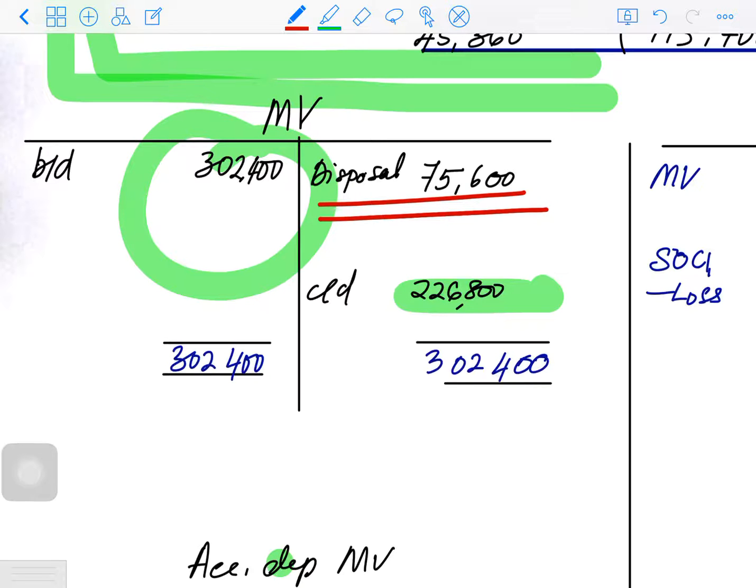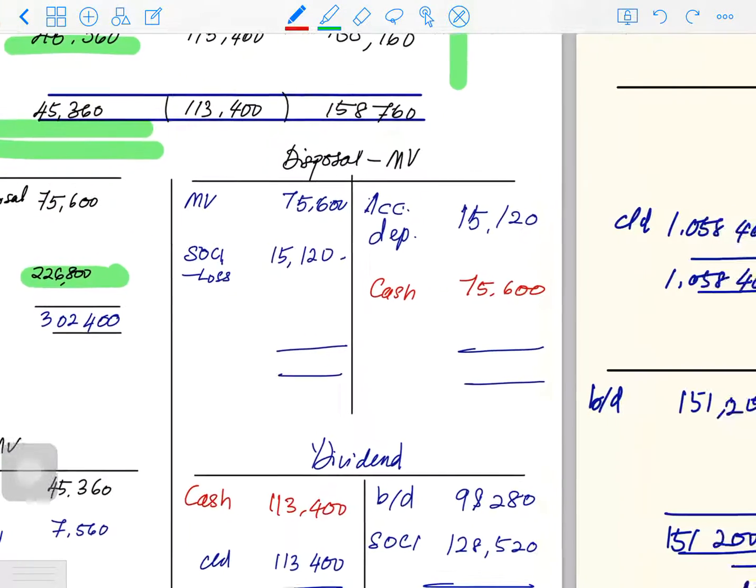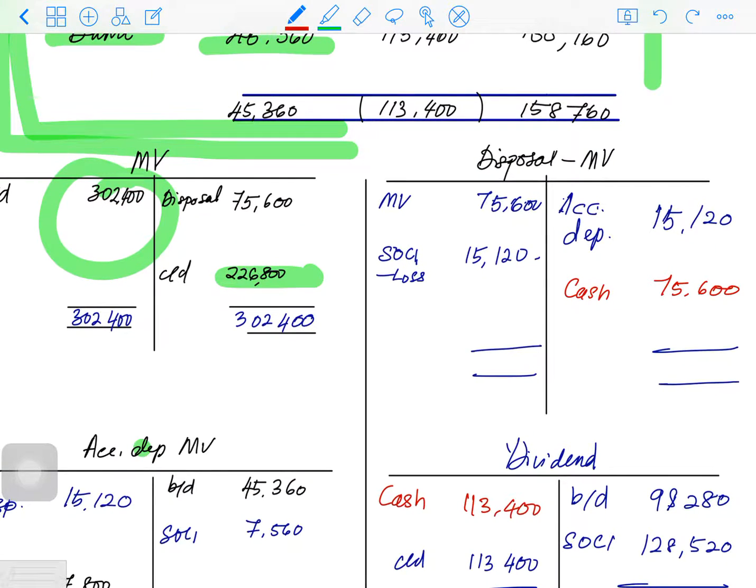This disposal we found out to be 75,600. This is transferred to disposal account, so you need to open up the disposal account here: debit disposal, credit motor vehicle, right?